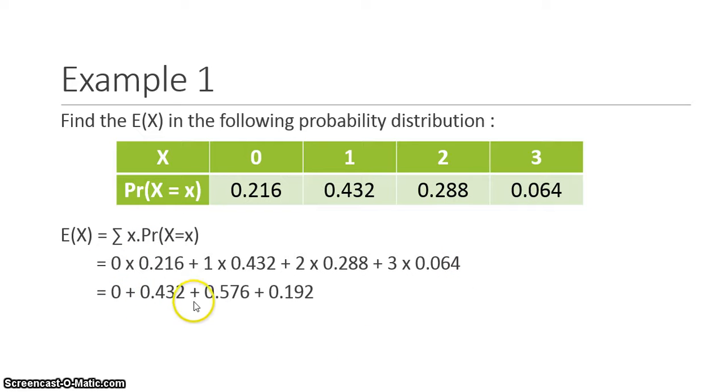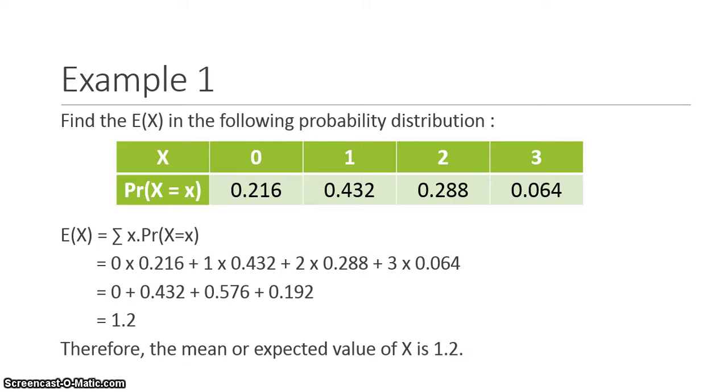Here are the values that I'm adding together: 0, 0.432, 0.576, 0.192. Add them together and I get 1.2. So the mean, or expected value of x in this distribution, is 1.2.